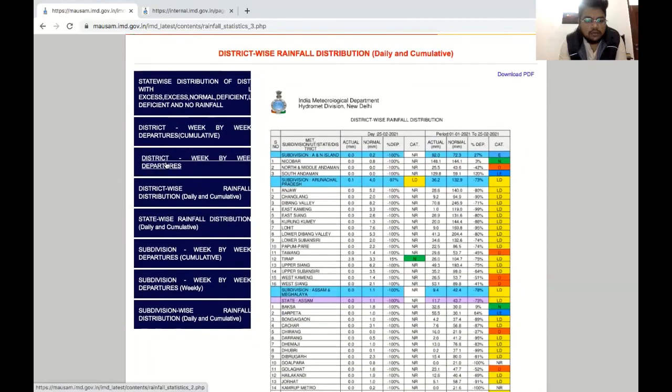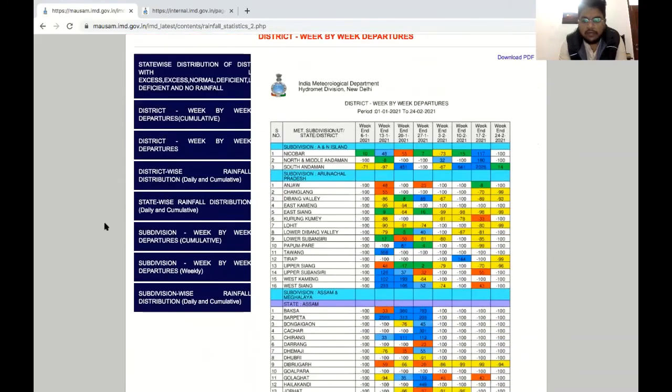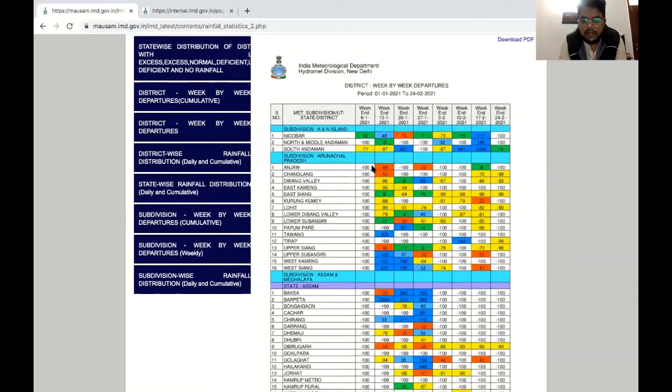So you can also view data by weeks. There you can get the trend as to in which weeks there has been more rainfall and in which weeks there has been less rainfall. For example, by weekend of the 13th of January, you can see that West Siang district in Arunachal Pradesh has 233% excess rainfall, and it steadily decreases.